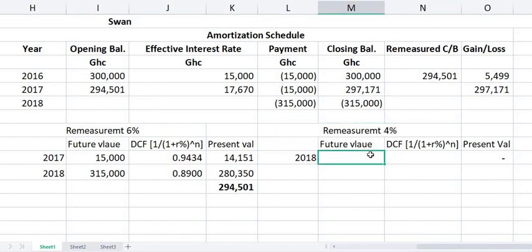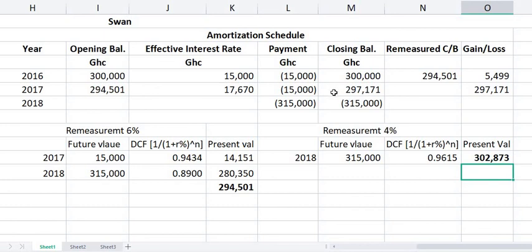So, with the unpaid amount of 315,000 and a discounting factor of 0.9615, our present value is going to be 302,873.